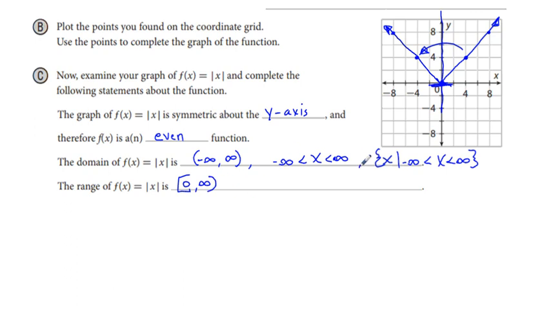And for inequality notation, we could just write it as y, I said x, I didn't mean x, I meant y. Here y is greater than or equal to 0. And in set notation, y such that y is greater than or equal to 0.